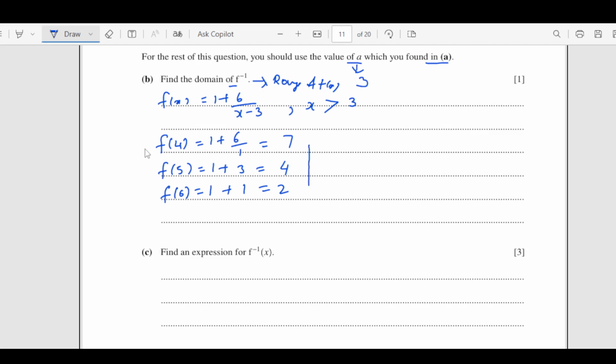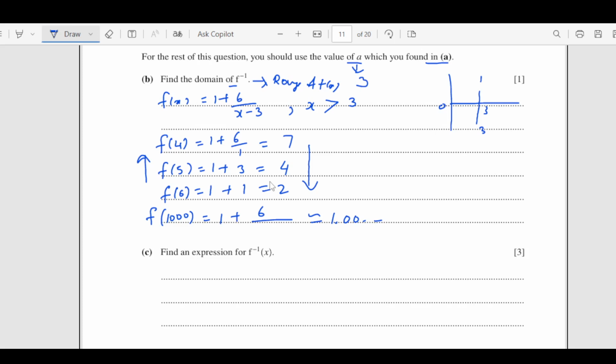As you can see, when we increase the value of x here, the value of y is decreasing. If we take a bigger number, let's say 1000, what will this become? This is 1 plus 6 over 1000 minus 3, which is approximately 1.00 something. If we plot a graph here, we know that x cannot be 3, x should be greater than 3.